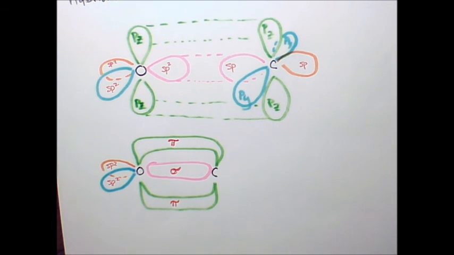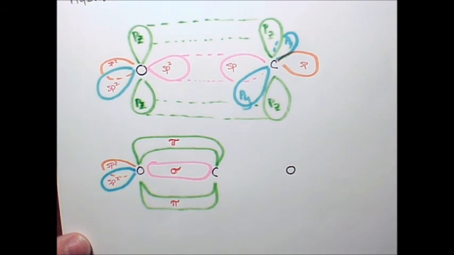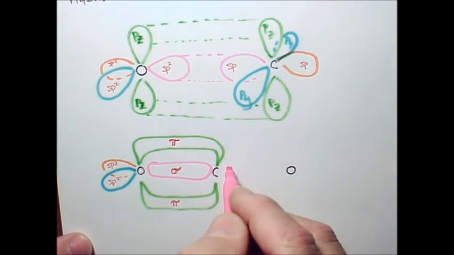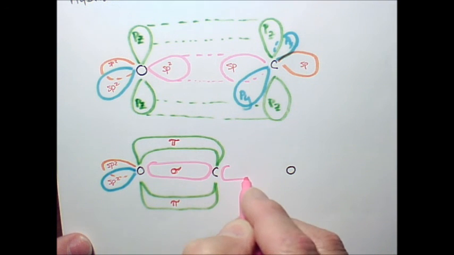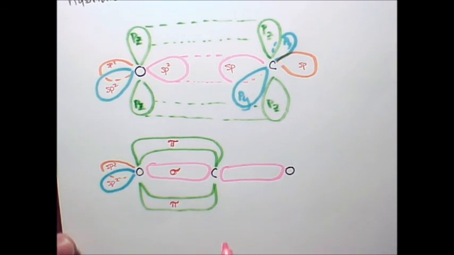Now the other oxygens on the opposite side over here, there is also a sigma bond here. And there's going to be another pi bond over here, but it's going to be a little harder to figure out. I'm going to wait till you finish your balloon models to show it to you.